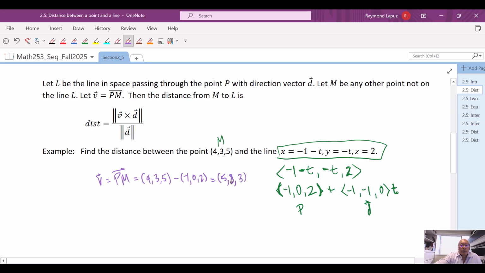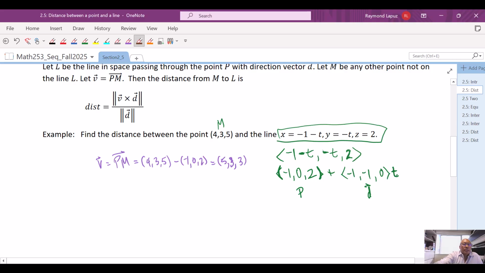So I believe this is what we're looking at as the vector V. We have the direction vector here, and so at this point we will want to take the cross product of V and D. V cross D is going to be equal to, we'll do our work for the cross product.